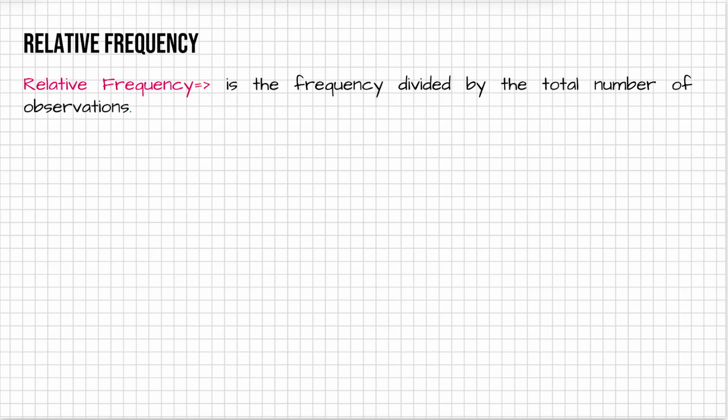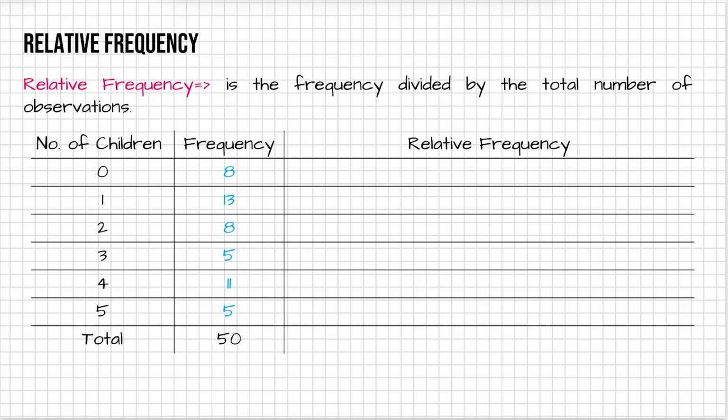Relative frequency shows the proportions, or percentage, of observations in each class, and we calculate it by dividing the frequency of each class by the total number of observations, or total frequency, however you want to call it. So, in the first class, the frequency is 8, and the total number of observations is 50. 8 divided by 50 gives us 0.16.